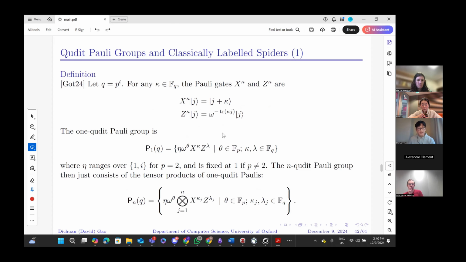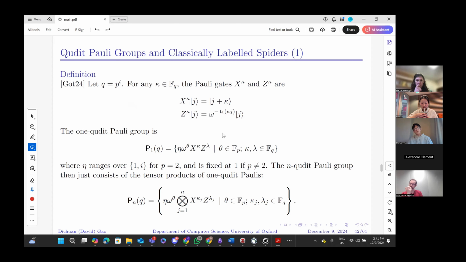Then you can construct your n-qudit Pauli groups as usual, just by taking the tensor products of your one qudit Paulis. And so this now forms, I think the phrase Gottesman used was a nice error basis. So it has all the nice properties that we want the Pauli group to have in the qubit case, and they all translate over to the qudit case. Okay, so that is the Pauli group.